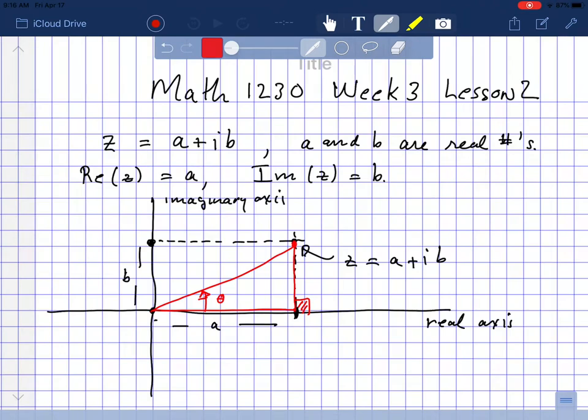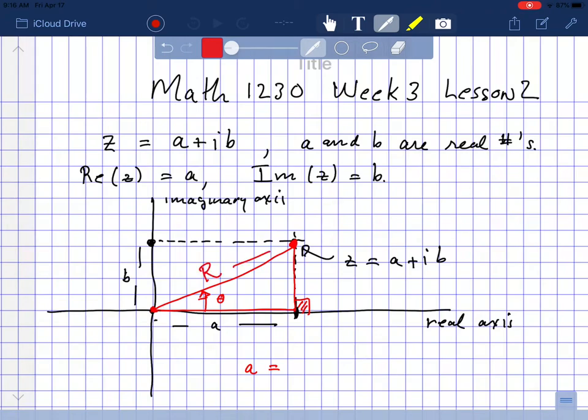Okay. So now what do I have? Because this happens to be a right triangle, I know that the length of the hypotenuse, which is the length of the radial line from the origin to the point z, I'm going to call r.